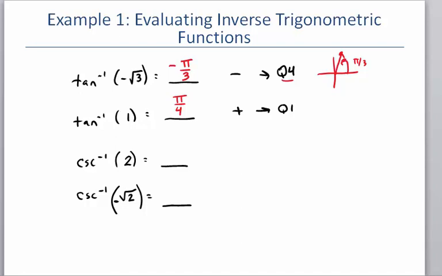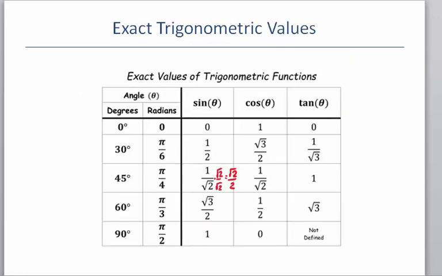All right, so again, if the value is positive, like on the 2, we know that we want our answer to come from quadrant 1. If our value is negative, we want our answer to come from quadrant 4. All right, so how do we deal with a cosecant when we have a chart that only has sine, cosine, and tangent? We're going to have to treat these cosecants as a reciprocal sine function.